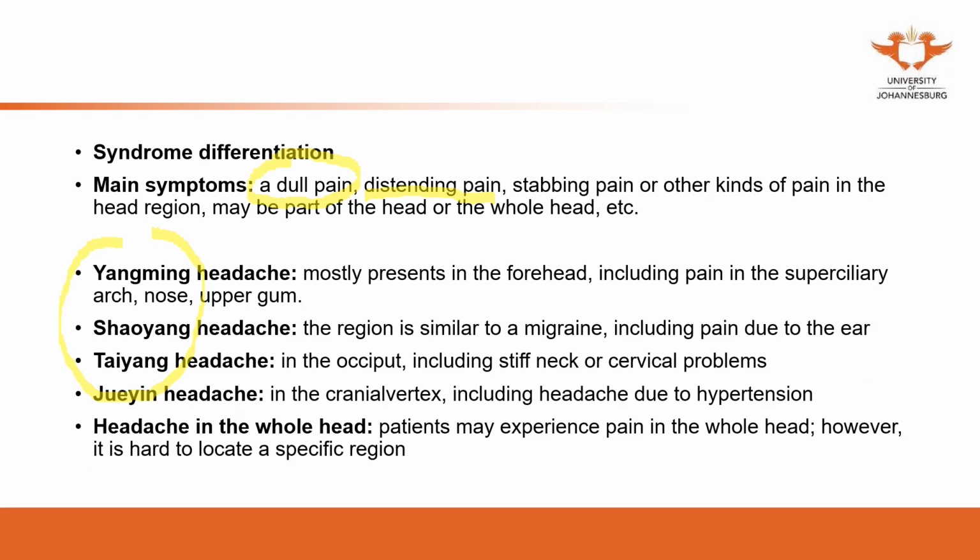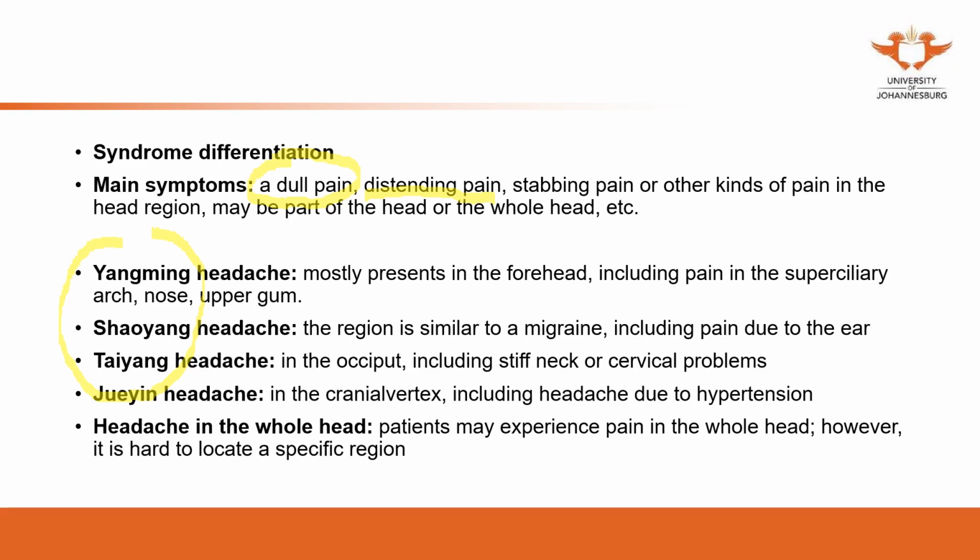Yangming headache is mainly in the forehead. Shaoyang headache is mainly on either side of the head. So most migraines are Shaoyang headache. Taiyang headache is in the occiput region or the upper neck.